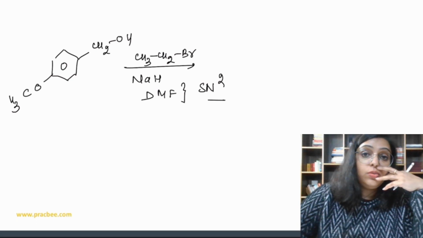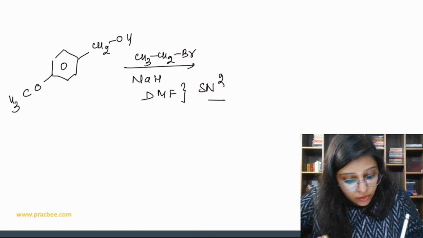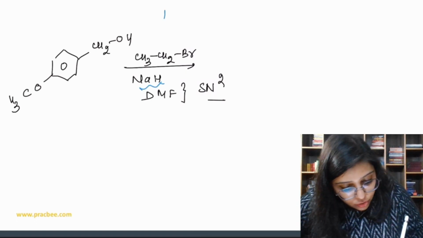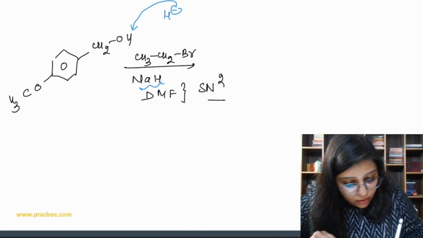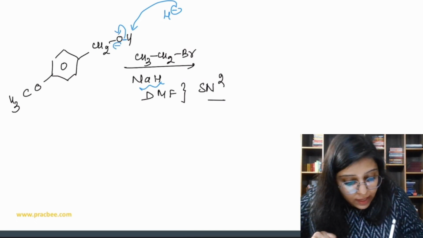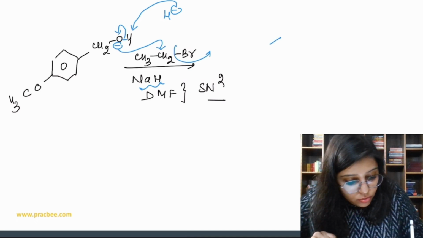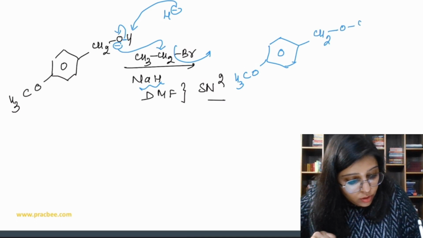First, H minus from NaH abstracts this proton, and the electron of this bond shifts towards O, so we have O minus. O minus attacks over here and Br leaves. So ultimately we have OCH3, then CH2, O, CH2, CH3.